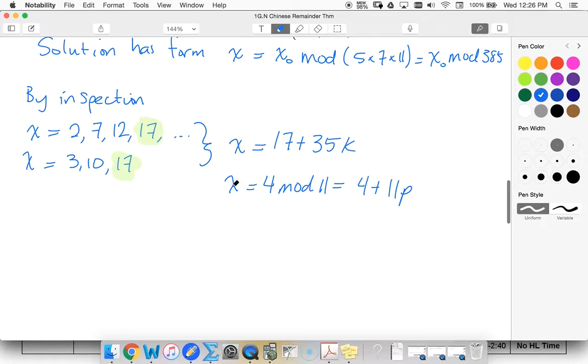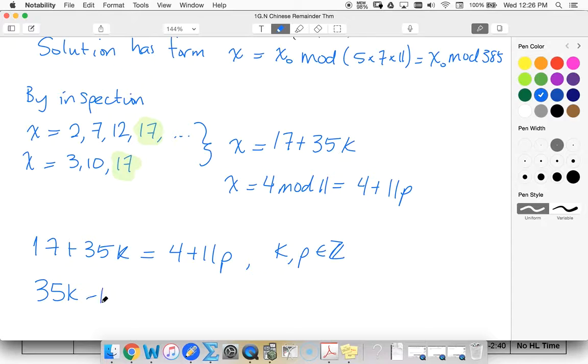So both of these are x. That implies 17 plus 35k is equal to 4 plus 11p. And knowing that k and p are integers is what makes this a Diophantine equation. So putting these together, I'm going to have that 35k minus 11p is going to be equal to negative 13.